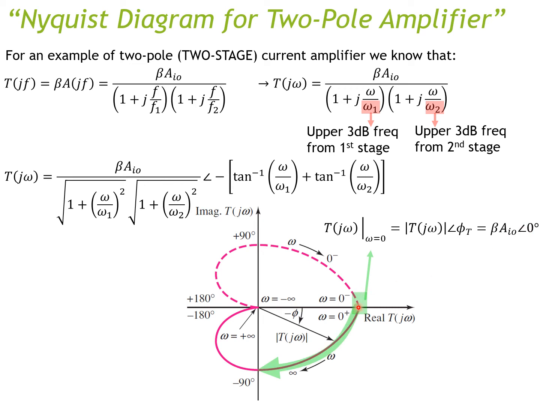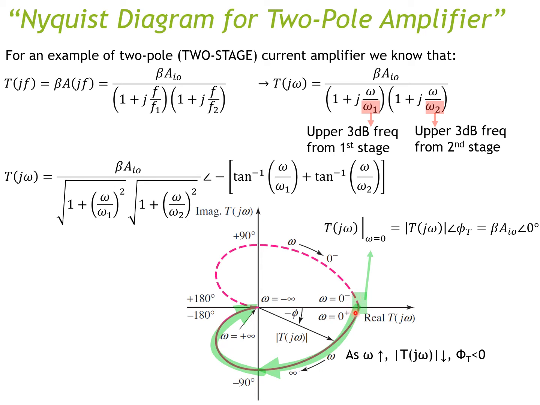Okay, if I examine omega in increasing order toward positive infinity, first it will cross negative 90 degrees, then it goes toward negative 180 degrees, right?